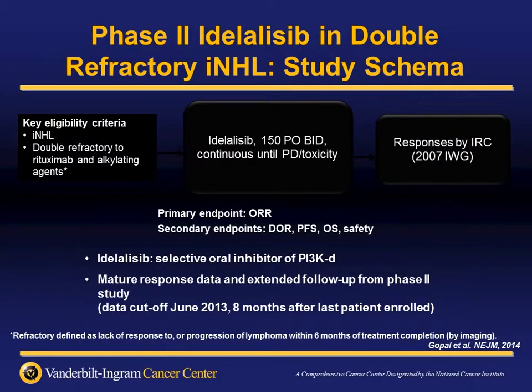Let's look at another new agent, idelalisib, and this is a selective oral inhibitor of the PI3 kinase pathway, and these were patients who were called double refractory. That means they'd seen rituximab and alkylating agents. They received 150 milligrams twice a day until progressive disease or toxicity, and the primary endpoint was overall response rate, and the secondary endpoints were duration of response, progression-free survival, overall survival, and safety.